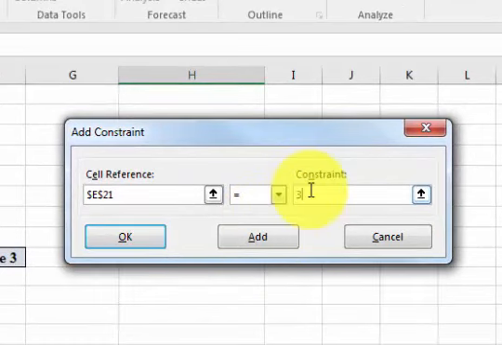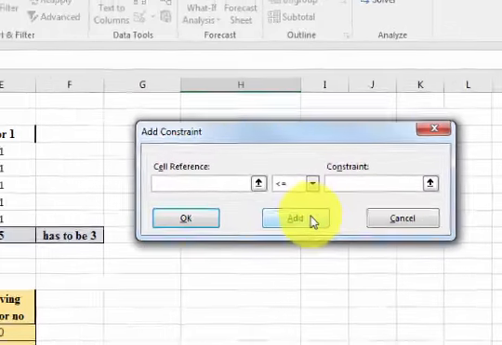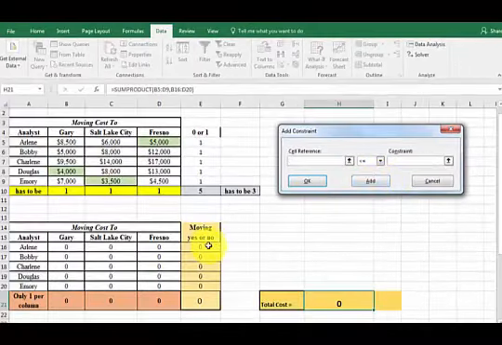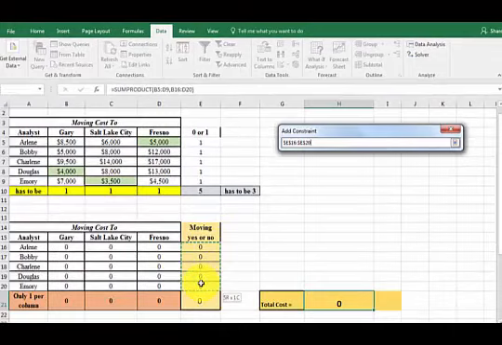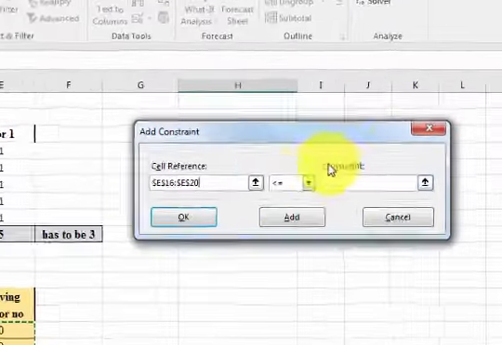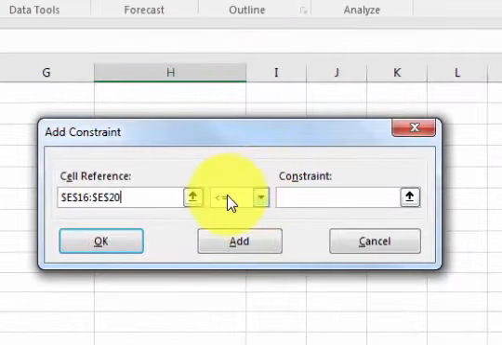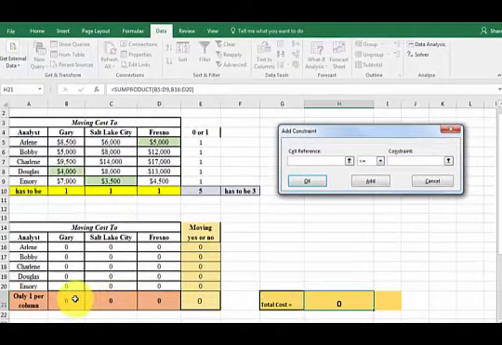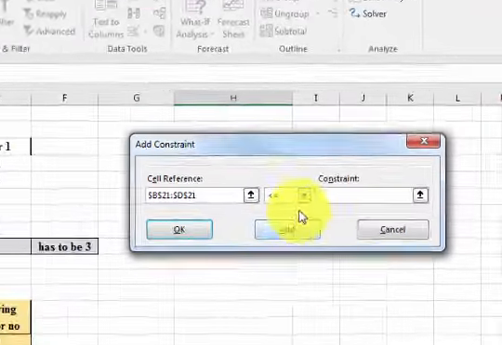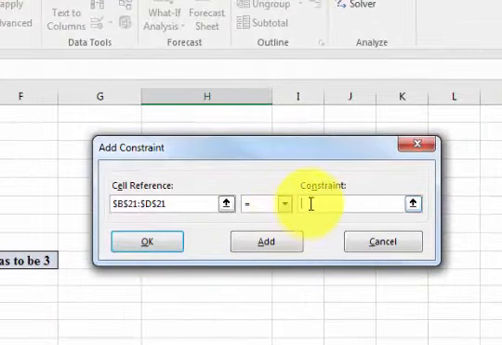No questions about it. Add. Next cell, let's see. These guys all have to be either a 1 or a 0. Okay, so less than or equal to 1. Add. I know that these cells all have to equal 1. Every one of them has to equal a 1.